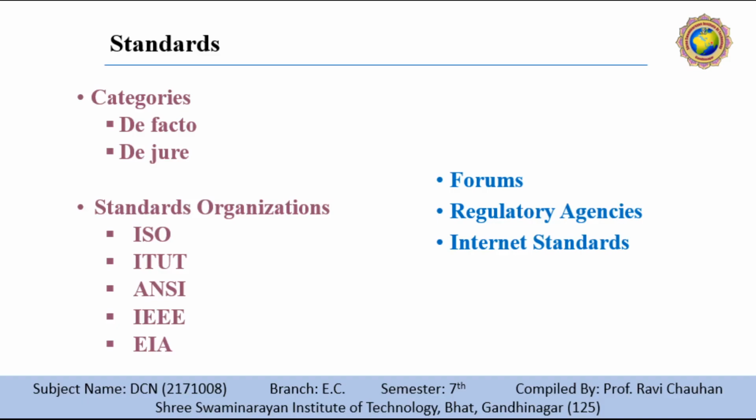ITU-T. The full form is International Telecommunication Union Telecommunication Standards Sector. By the early 1970s, a number of countries were defining national standards for telecommunication, but there was still little international compatibility. The United Nations responded by forming, as a part of its International Telecommunication Union (ITU), a committee, the Consultative Committee for International Telegraphy and Telephony (CCITT).